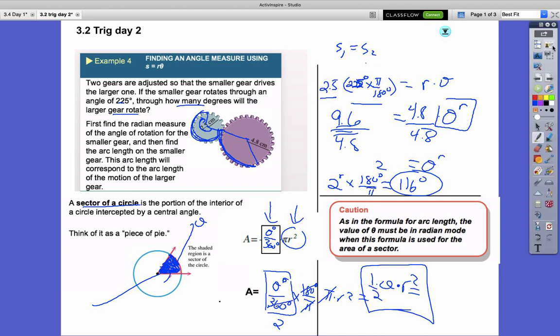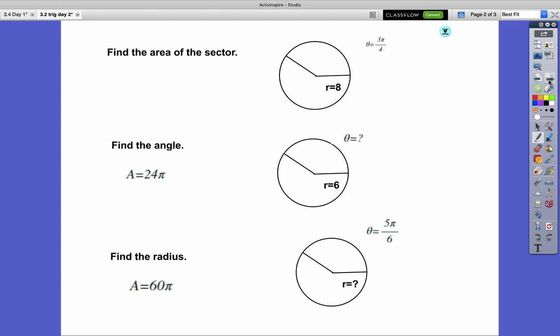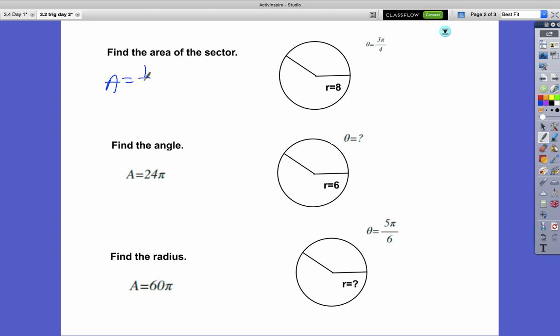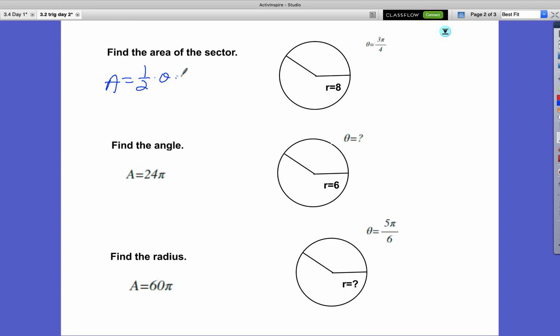So let's apply that on the next page. I'm going to write the formula down. Area of the sector is 1/2 times theta r squared. That theta is your angle in radians. So let's find the area of the circle. So the unknown is area. So 1/2 of 3 pi over 4. Well, let's just think about this. Pi over 4 is 45. 3 times 45 is 135 degrees.